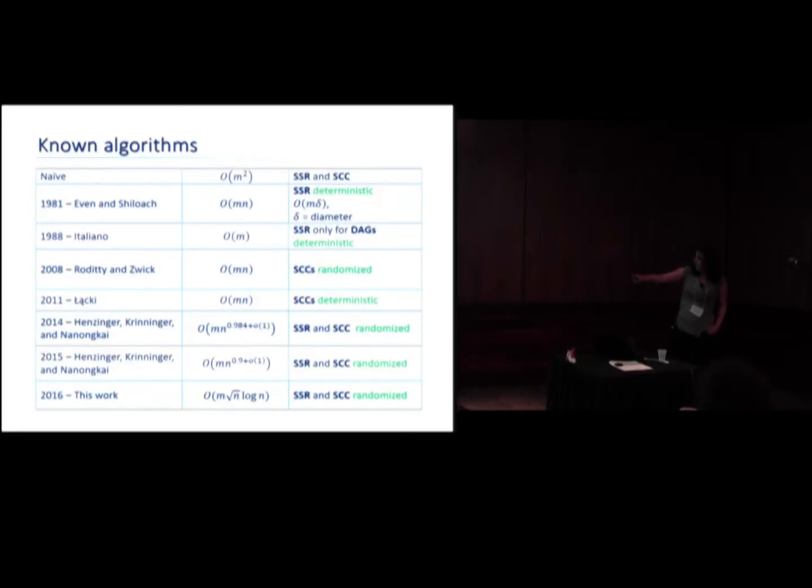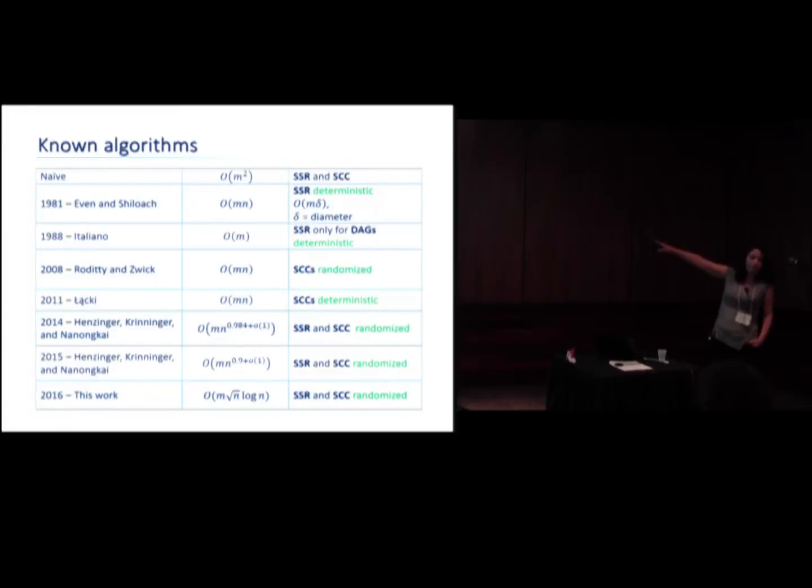They later improved their bound to mn to the 0.9. In this work, we show a much cleaner bound of m square root of n, and I also think the construction is simple.